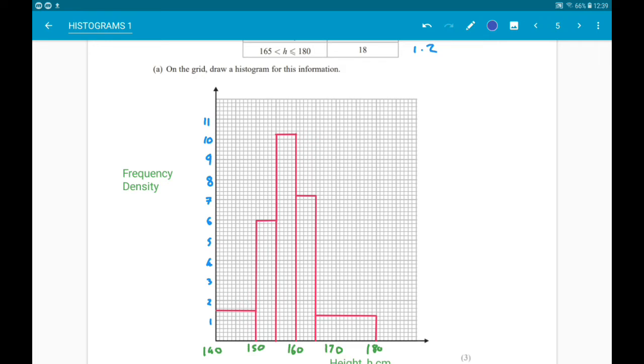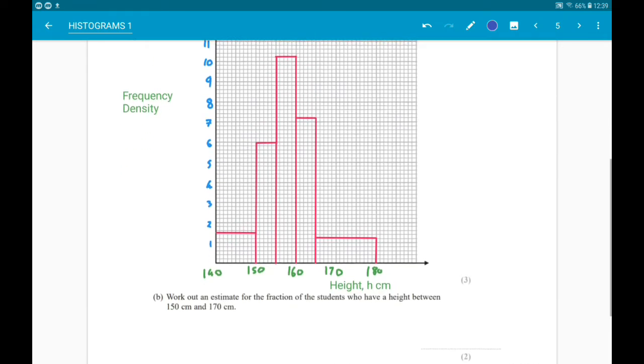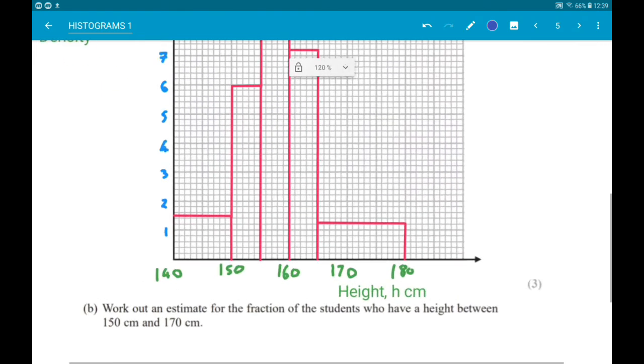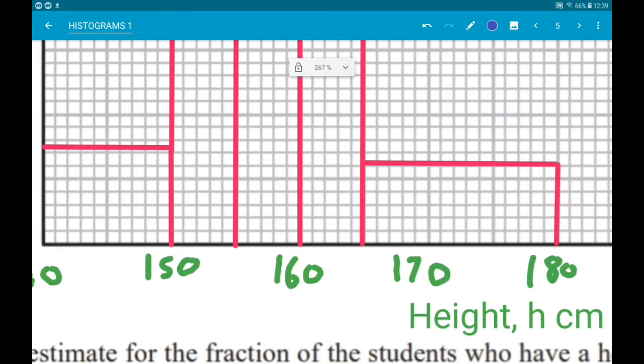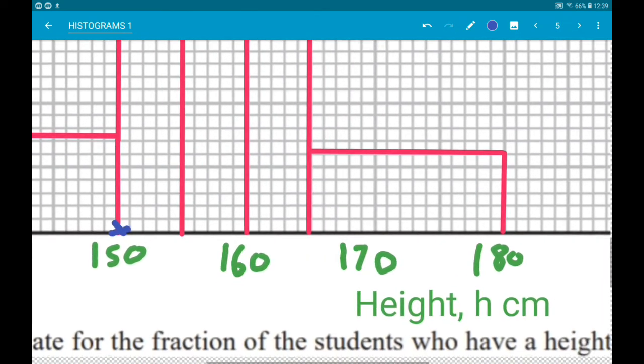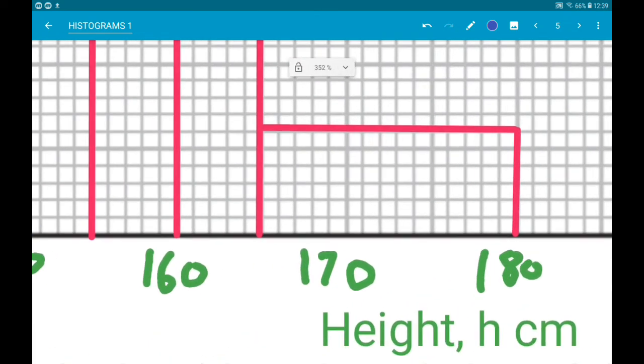And then for part B, we are asked to work out an estimate for the fraction of students that have a height between 150 and 170 centimetres. So, on the histogram, we want everything from here up to here. So, most of it we can do from the table.